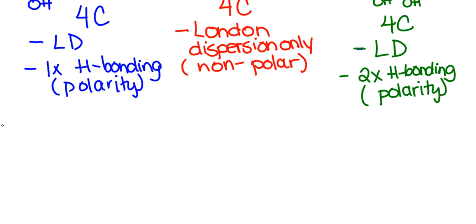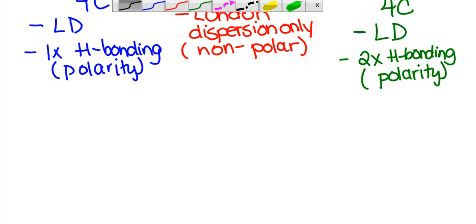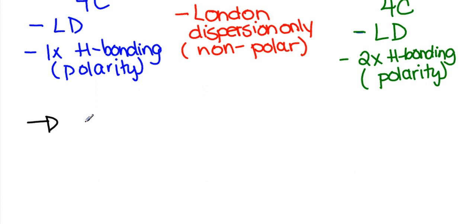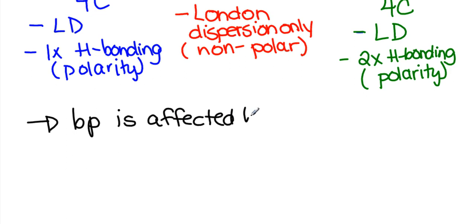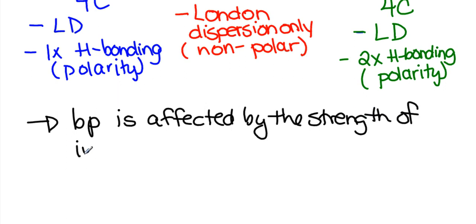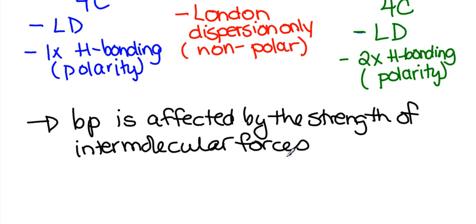So, after going through this analysis to actually answer the question, we would need to explain the following things. We would say here, our boiling point is affected by the strength of intermolecular forces. When we look at intermolecular forces, it's obvious butane has the weakest.